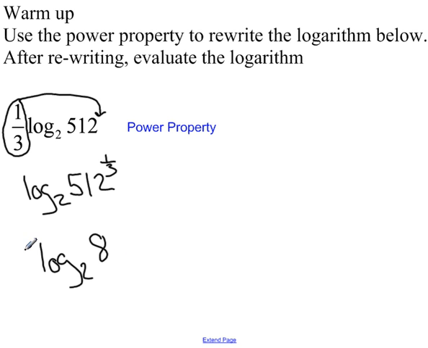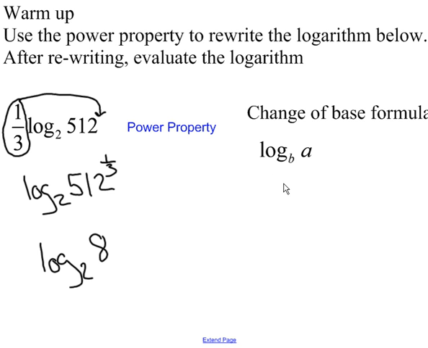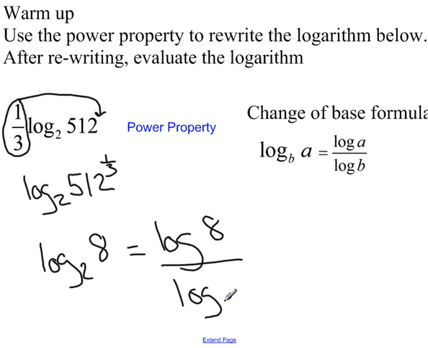So to evaluate this logarithm, we have to use our change of base formula. Basically, our change of base formula says log base B of A is equal to the common logarithm of A over the common logarithm of B. So let's rewrite this then as log 8 over log 2.